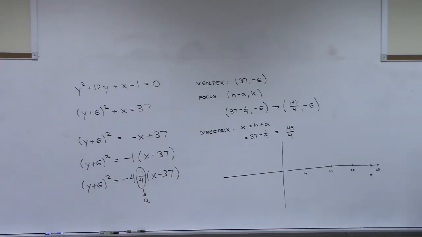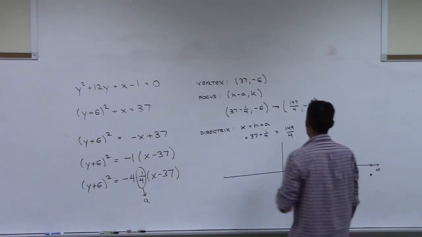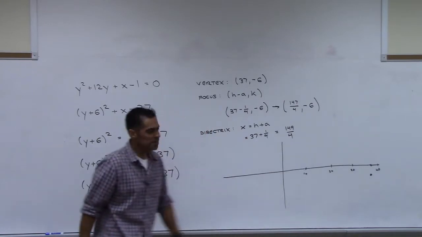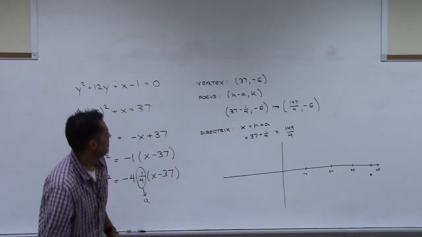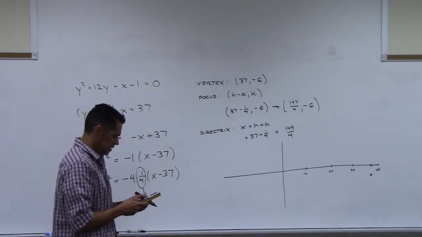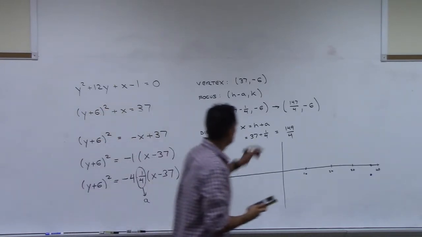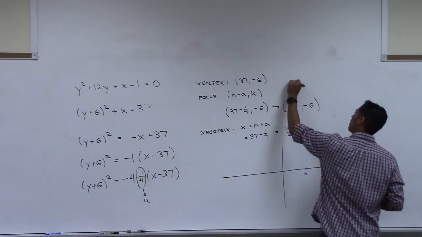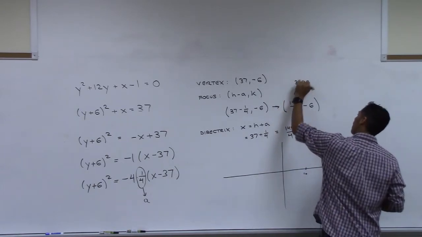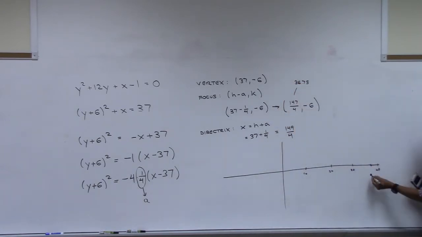Now, the focus is this point (147 over 4, negative 6). Which, by the way, is 36.75, right? So that's really close to this, isn't it? It's just barely to the left of this, like right there.